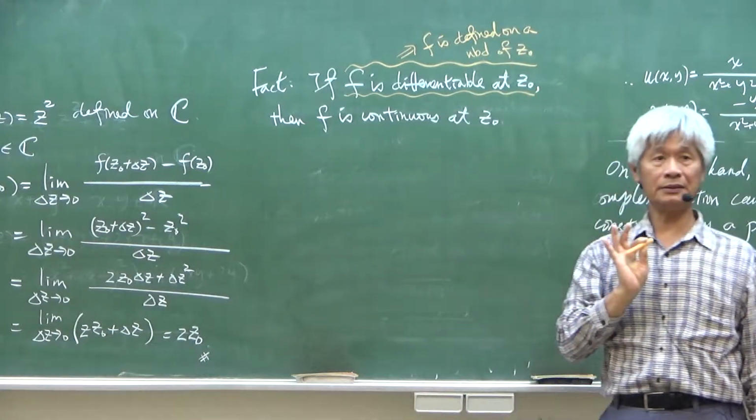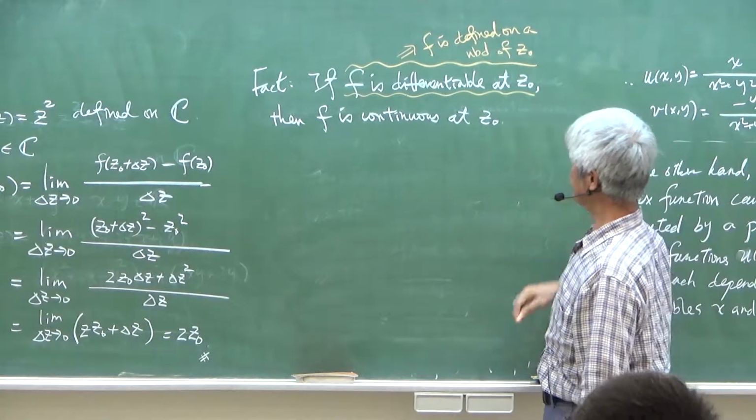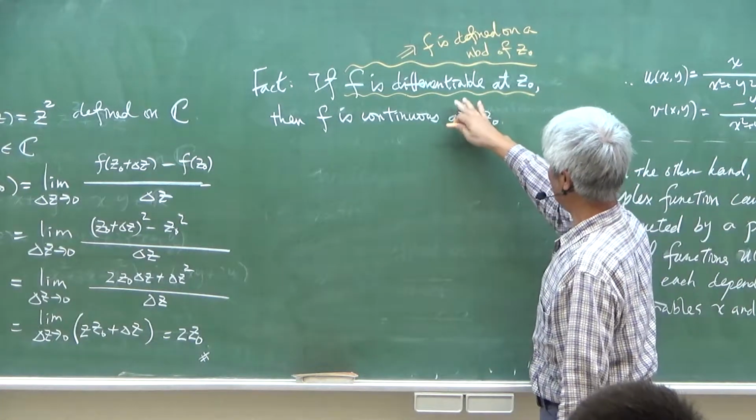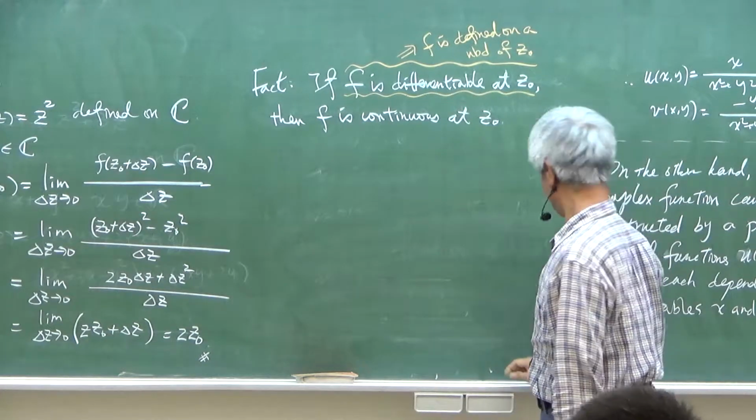Okay? So that is the understanding we have. And so if f is differentiable at z0, then f is continuous at z0.